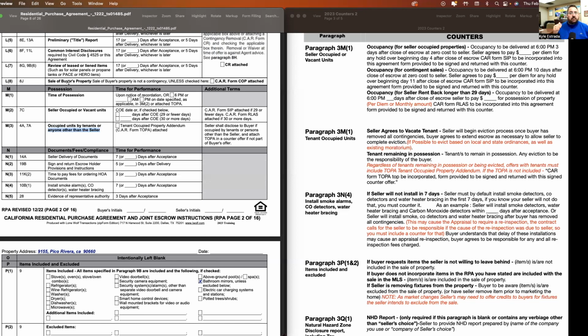It doesn't matter if they're staying or going. If I'm accepting the property with the tenants in possession, I still have to have the TOPA included. If the tenants are moving out at the close of escrow, I still have to have the TOPA included. And that TOPA will dictate, it'll say on there, seller tenant to remain in possession or tenant to be vacant at close of escrow.